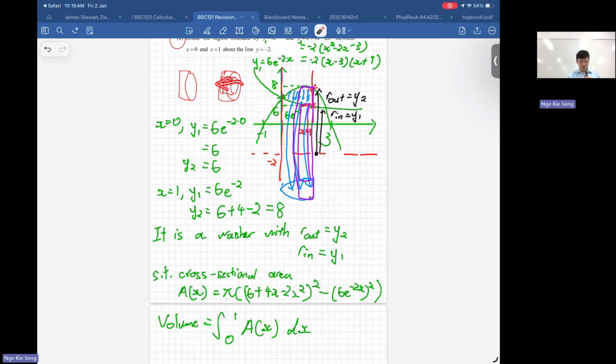There's a hole in the disk. So you integrate along this washer. Any question? Ethan? Is this what you think? How about the rest? Can you follow? Feel free to ask.